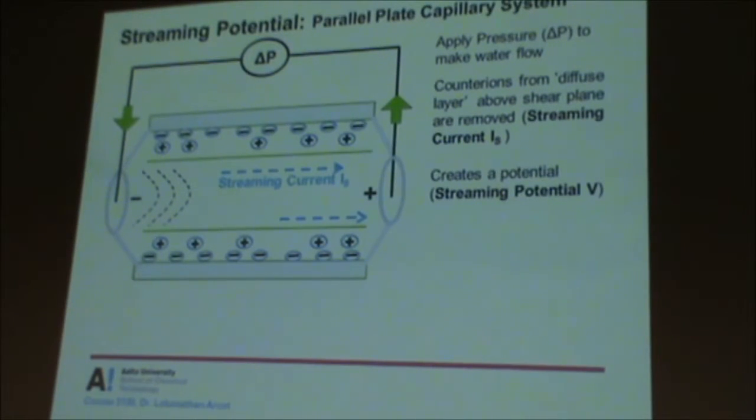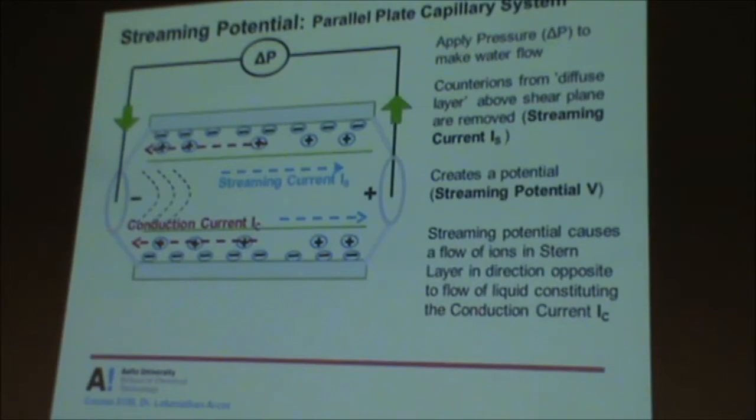the streaming potential. Now, because of this potential, the ions inside the shear plane start moving in the direction towards the negative. Here the ions can't move because the water is opposing them. Because of the potential, the counter cations below the slipping plane start moving, and this constitutes the conduction current.